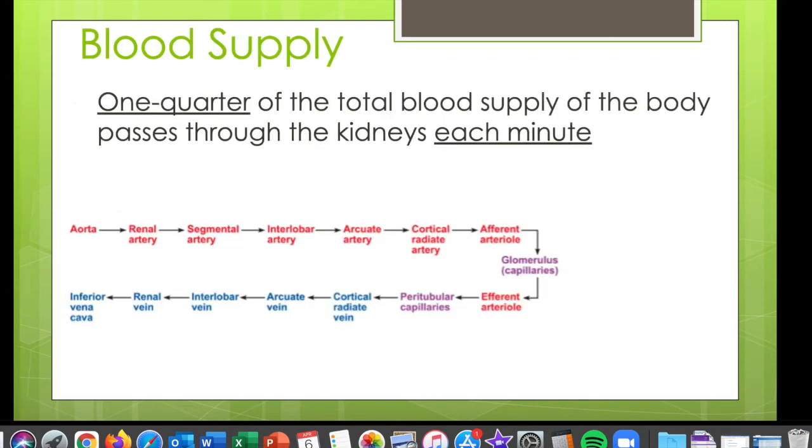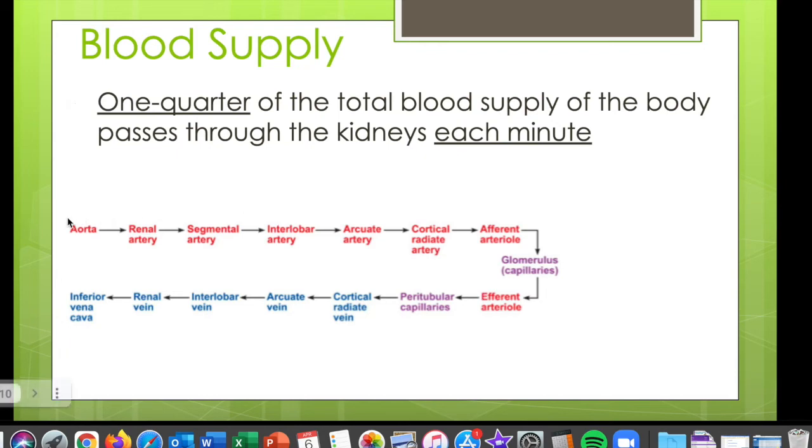For your blood supply, about a quarter of your total blood supply of the body passes through your kidneys each minute. And then here we have the blood vessels that the blood would pass through as it goes through your kidneys. So from the aorta, it would branch off and you have a renal artery to each kidney. In a higher level of anatomy, we would go through and learn all of these different arteries.